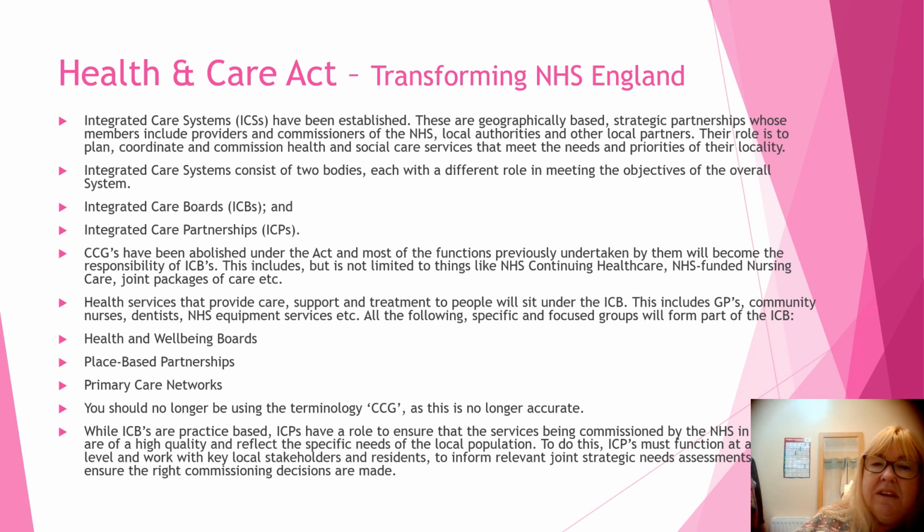So the integrated care systems have been planned for quite a long time, and it takes a lot to try and get these things together. And the aim is to coordinate and commission health and social care services under one umbrella, really. Not dividing it up as, are they sick or are they not, but what are their needs.